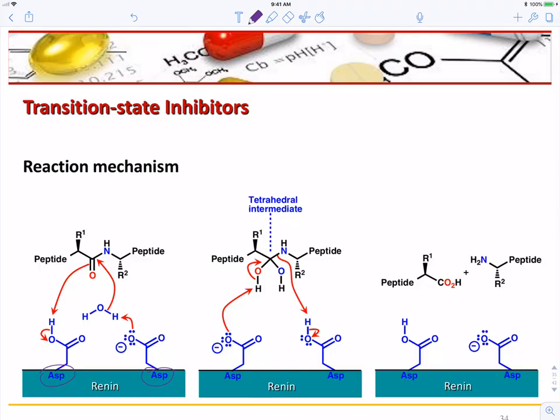And so what we have is deprotonation of the water, attack on the carbonyl, simultaneous protonation of this oxygen here. And so we form what we call a tetrahedral intermediate with a geminal diol, which in turn then rearranges to give a new carboxylic acid ending and the free amino terminus of the protein.